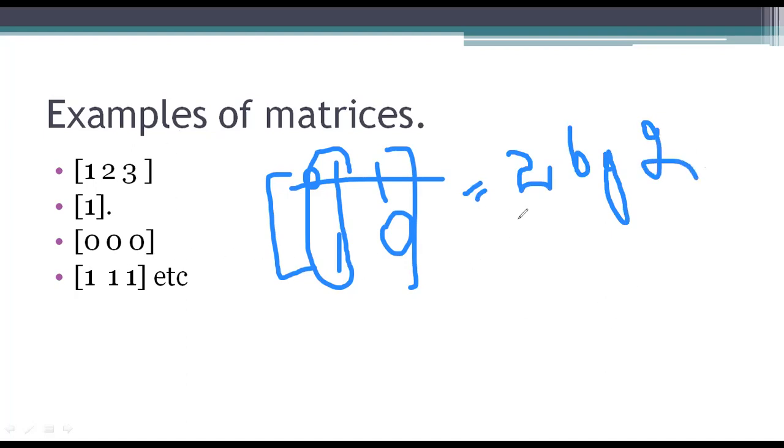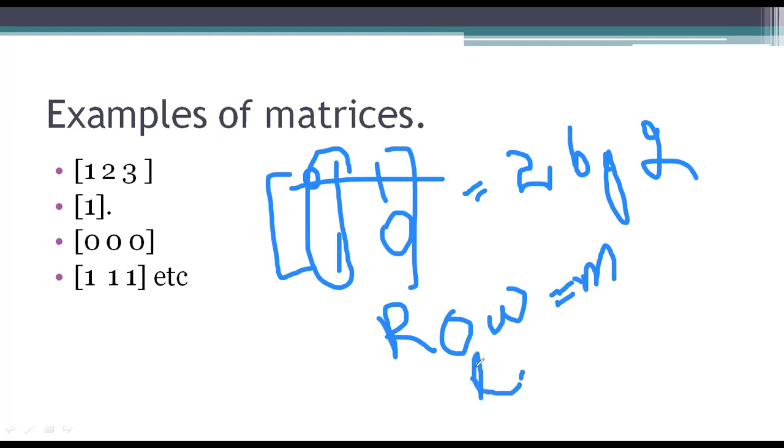Okay, so the matrix can be rectangular. Suppose the number of rows is m and the number of columns is n.